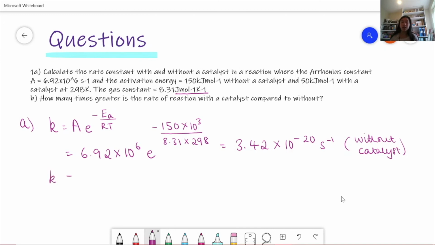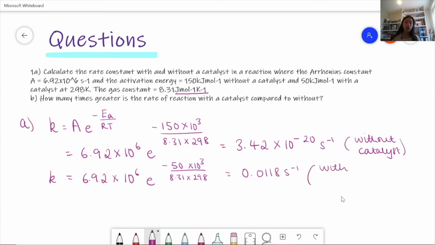So we say k is equal to 6.92 times 10 to the 6 exponential to the power of minus 50 times 10 to the power of 3 this time, and then over 8.31 times by 298, and that comes out to be 0.0118 seconds to the minus 1, and that is with a catalyst.